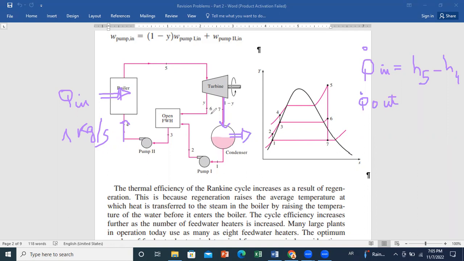This is why we have some reduction of the total work of the turbine, because not the whole mass flow rate will go from 5 to 7. So through this system, the flow rate that will go through the condenser is 1 minus y. So Q dot out is 1 minus y times H7 minus H1.